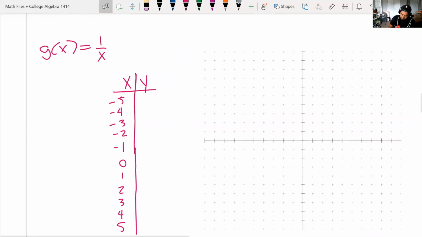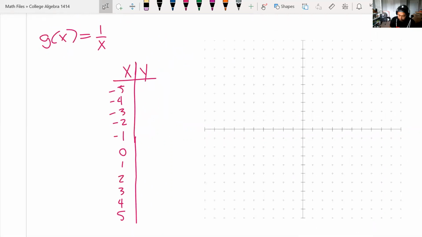And now we'll plug those in, and I'll get negative 1/5 or negative 0.2, and then negative 1/4 or negative 0.25, negative 1/3, which is negative 0.33 repeating, negative 1/2, negative 0.5, and then negative 1 will give me negative 1.